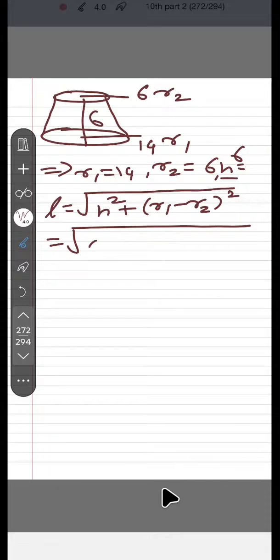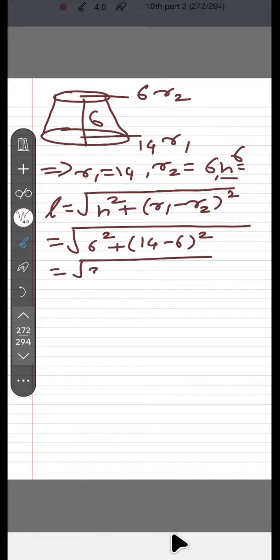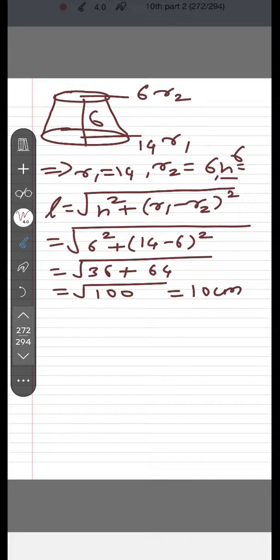So 6 square plus (14 minus 6) square, which is equal to 36 plus 8 square. 8 square is 64, so it is the square root of 100. So the answer is L is equal to 10 centimeter.